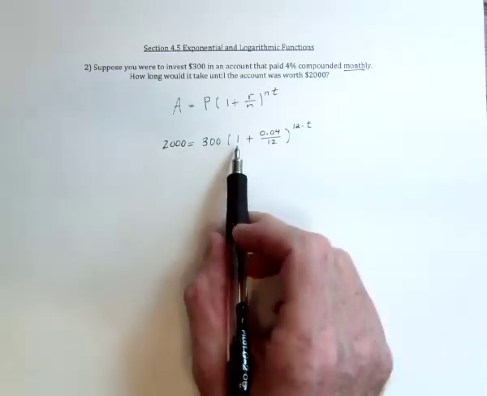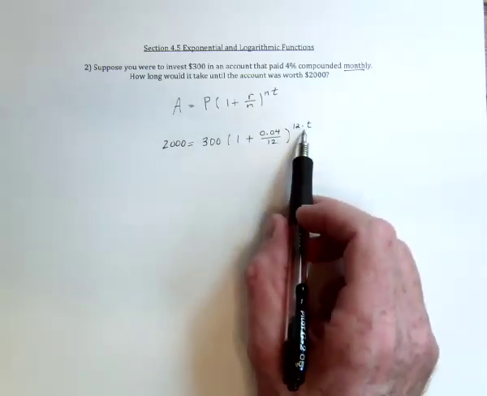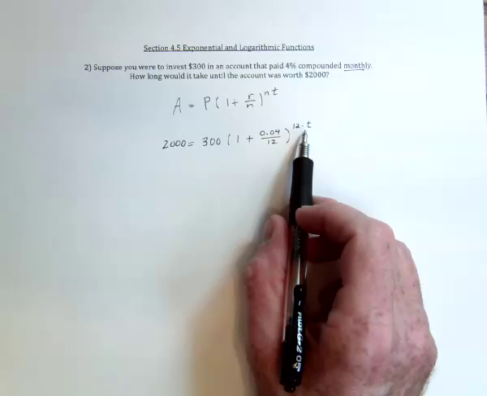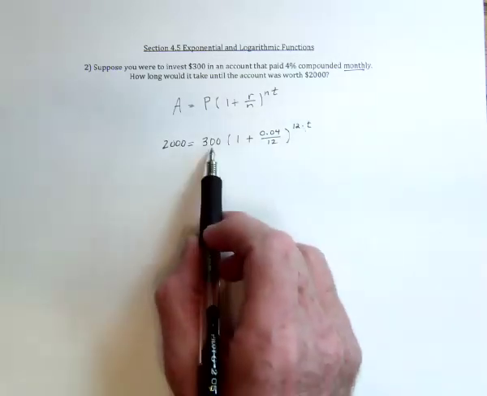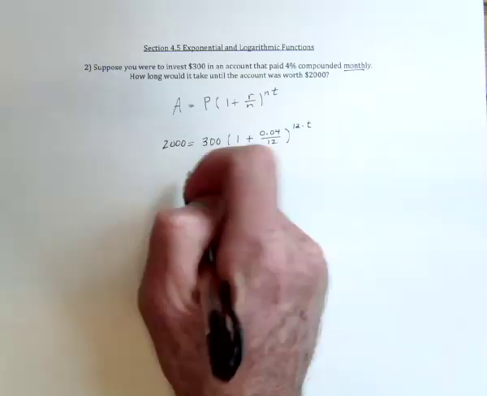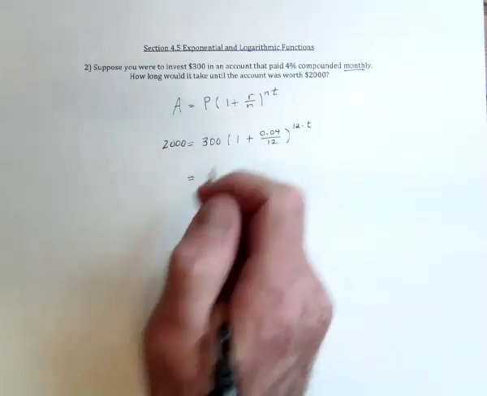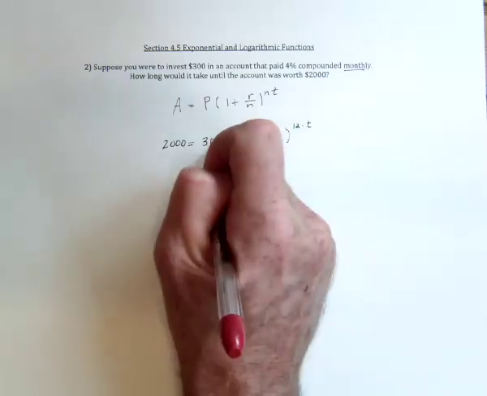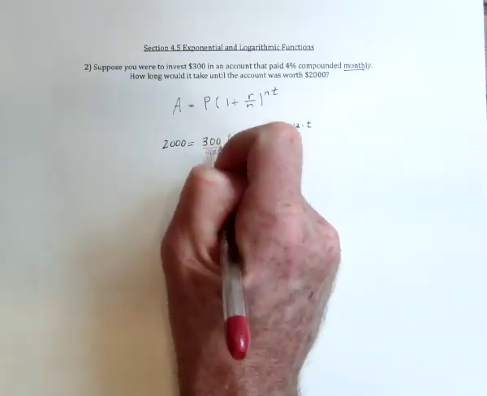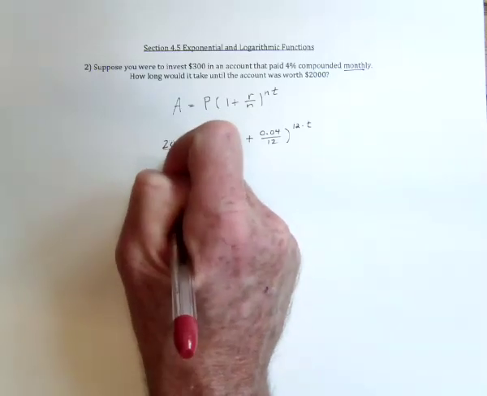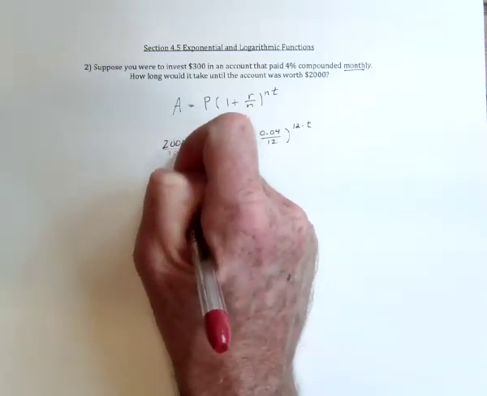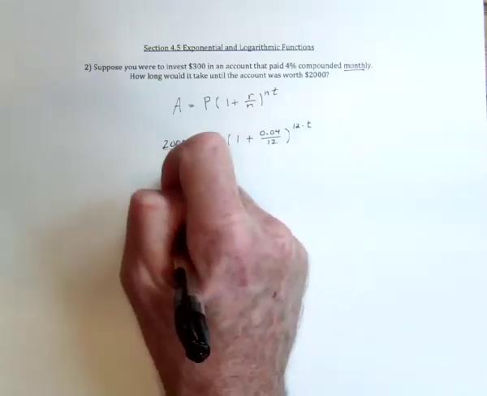So I've got a base raised to an exponent, and I need to solve for the exponent. The first thing to do is isolate the base. Divide both sides by 300. So if you divide by 300 on both sides, you can have it reduce a little bit so that we've got a 20 over 3.